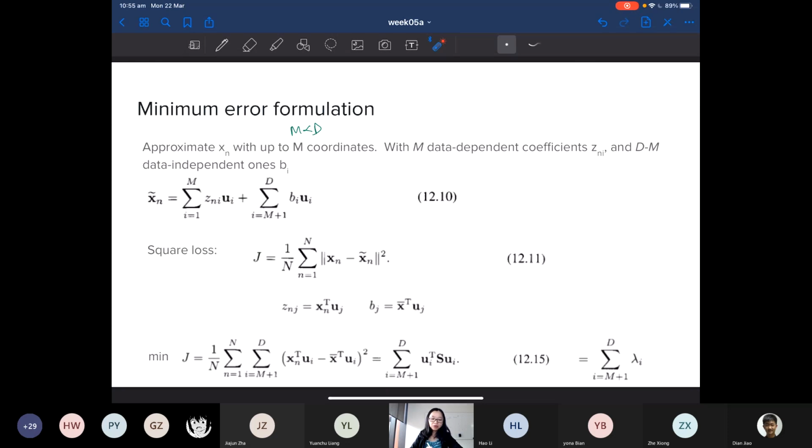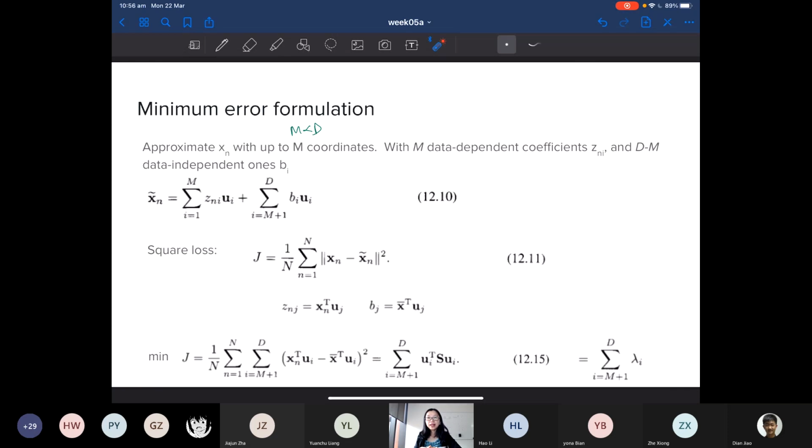And because we want to minimize this loss, we pick the d minus m smallest eigenvalues to be part of this loss, and the rest is the principal components, the m principal components.